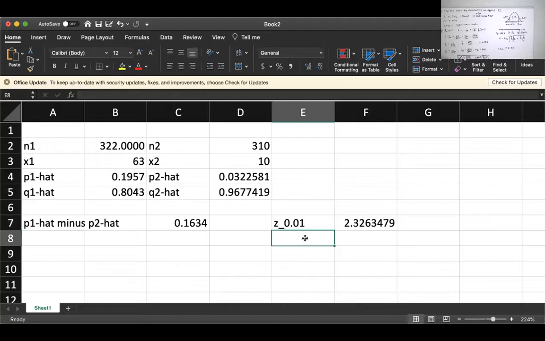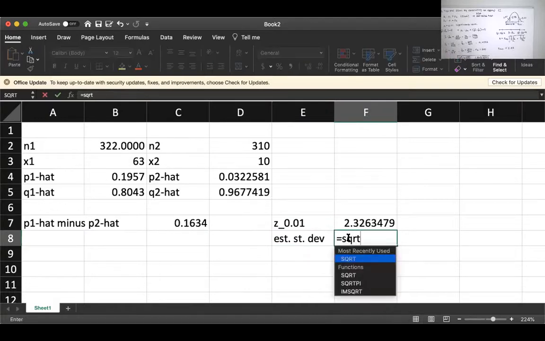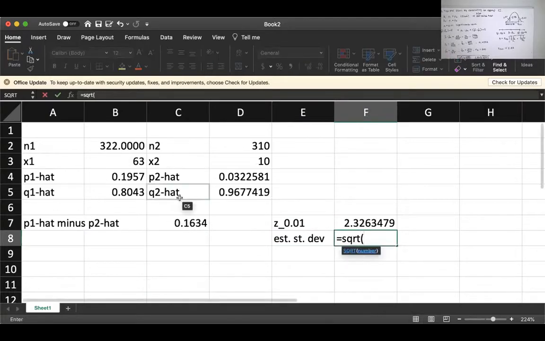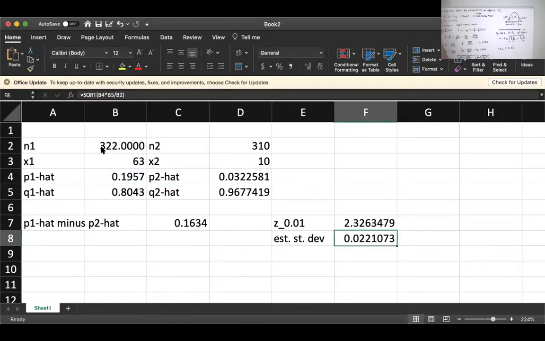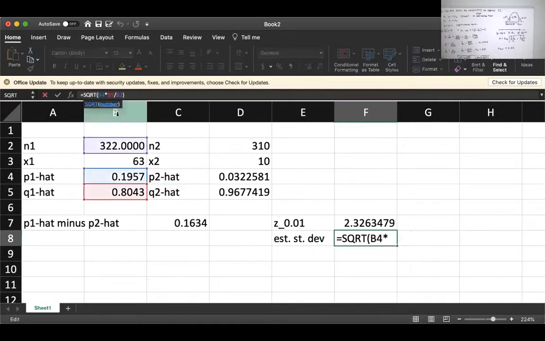So I will compute that square root, that approximation of the standard deviation. I think I'll call it the estimated standard deviation. That's going to be equal to the square root, SQRT, of p1 hat times q1 hat divided by n1 plus, actually, let's put some parentheses in there.